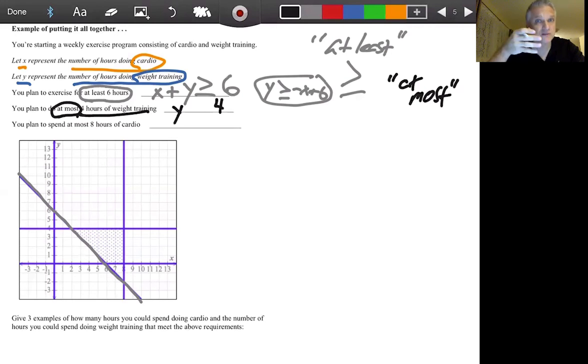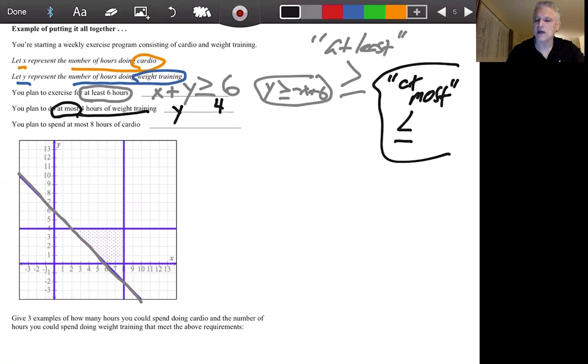If it's less, they'll give it to you. If it's equal to, they'll give it to you. But if it's more, not going to happen. So less than or equal to is how we would symbolically write at most. Oh, wow, looks like a little face. That's cool. All right, so at most is less than or equal to. Y is less than or equal to 4.